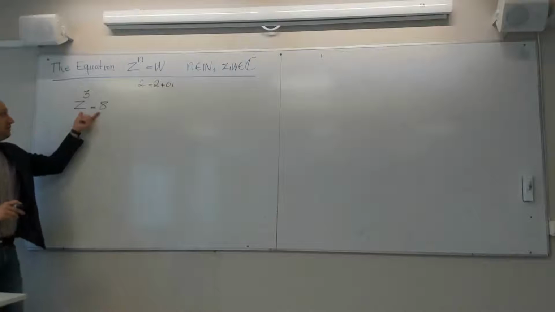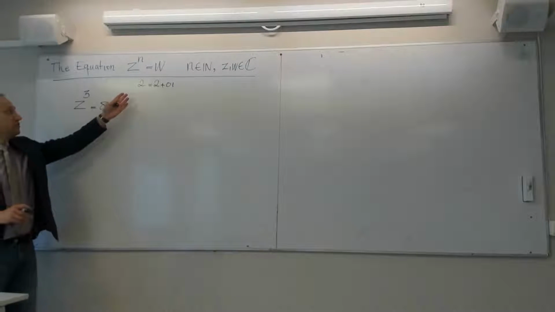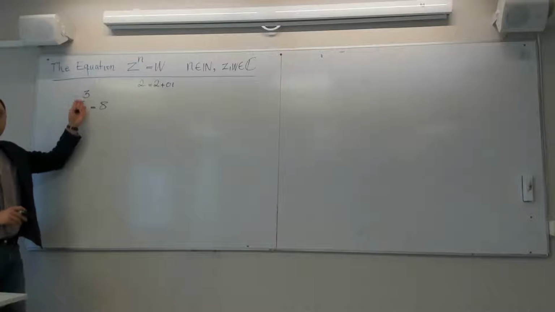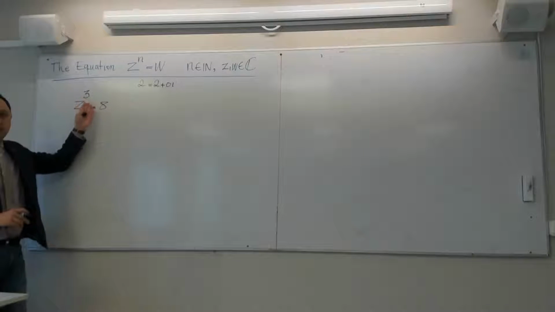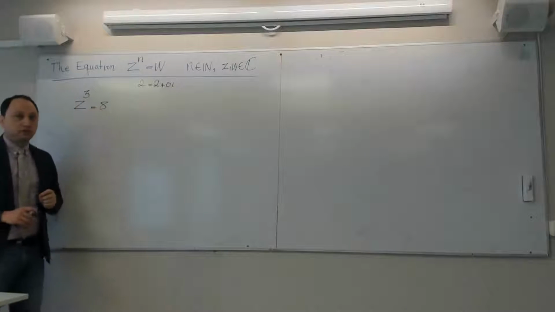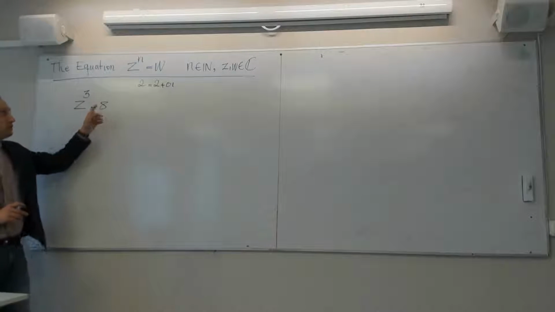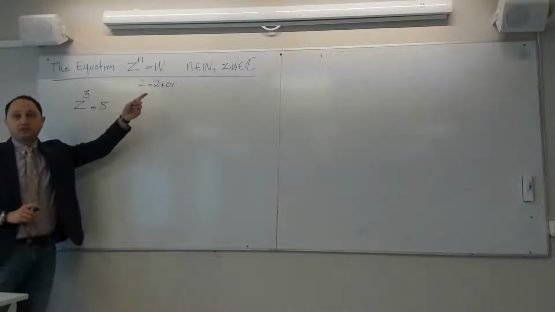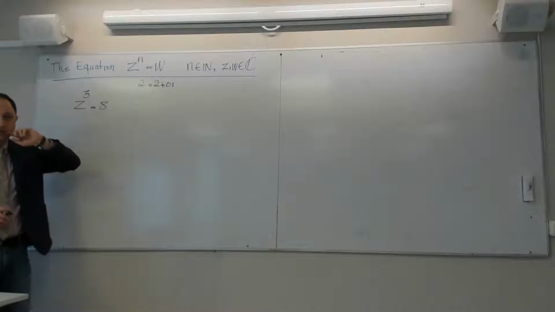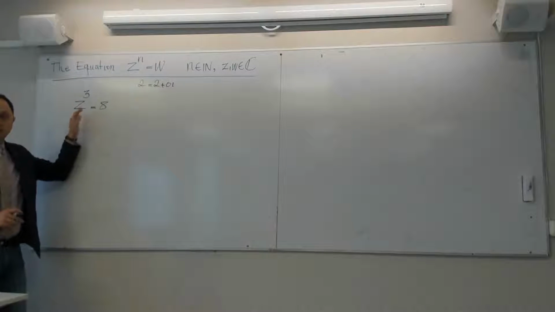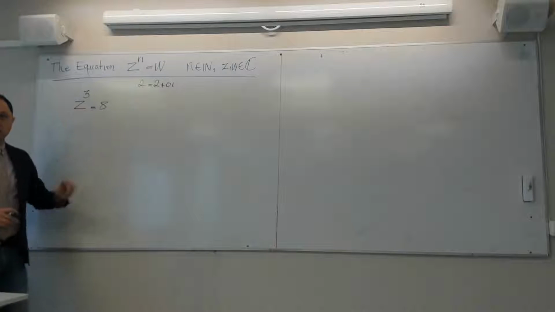But if I limit myself to the set of real numbers, there is no other real number so that when I raise it to power 3, the answer becomes 8. But you will see that there are other solutions if you want to solve the same equation in the set of complex numbers. And this is a little bit technical, so I want you to learn how to do this.